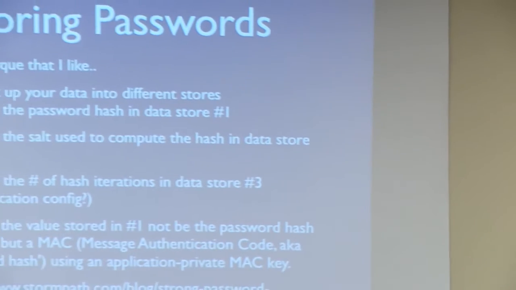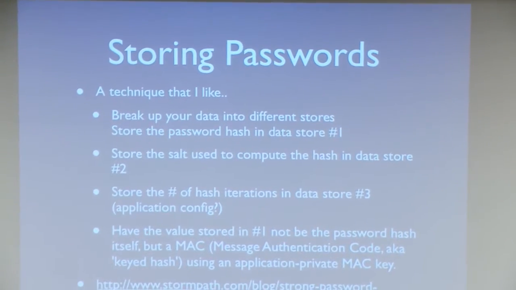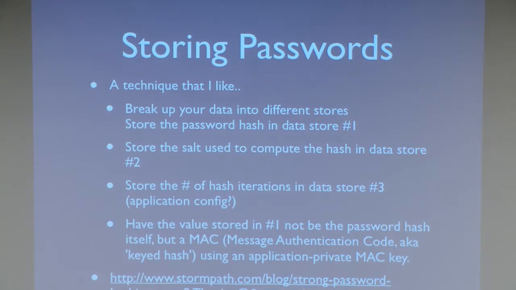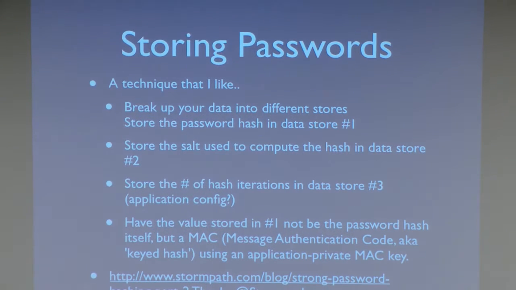So one of the interesting techniques that I really like, and I read about last year, is from this company called Stormpath, and they're kind of in this space. The technique I really liked here was, okay, we have a password hash, we have a salt, and we have the number of times you're iterating on that to generate the hash. Break that up and put it into different data stores.